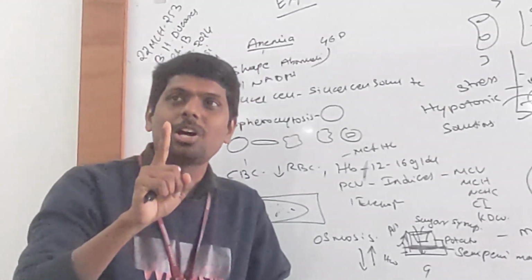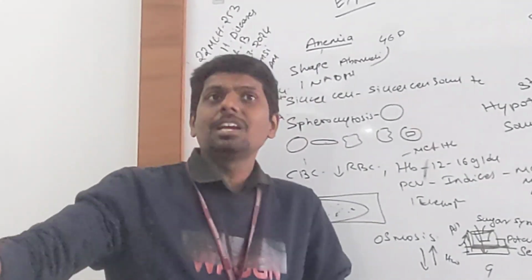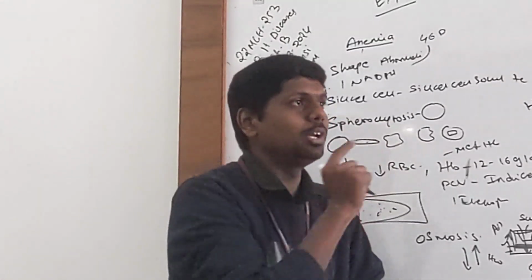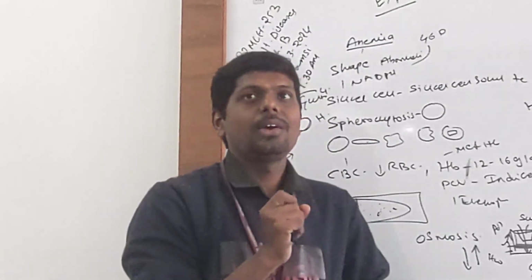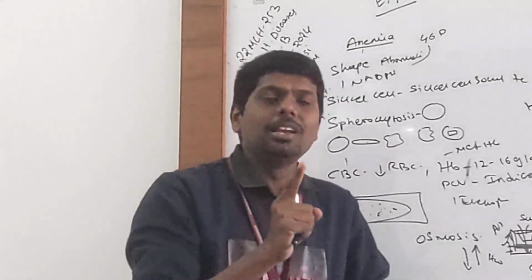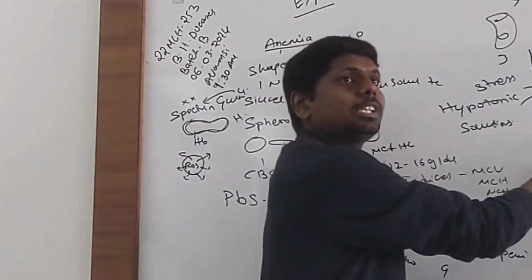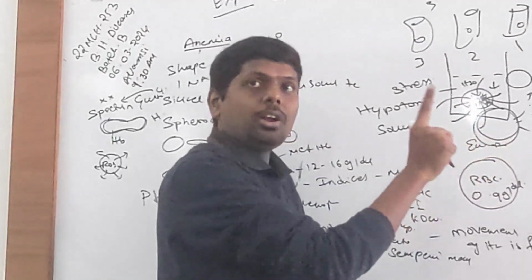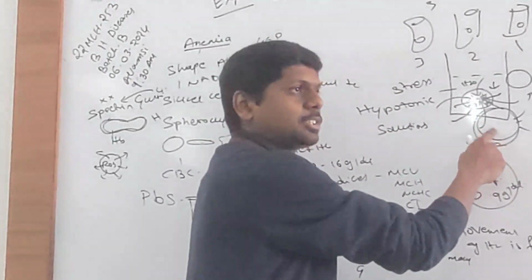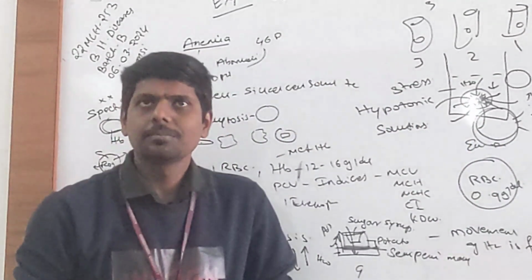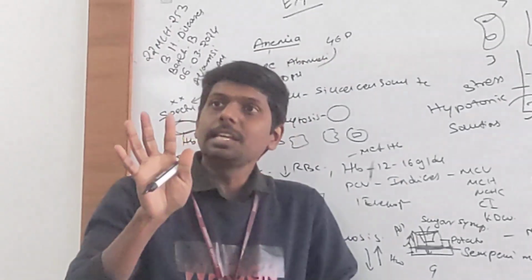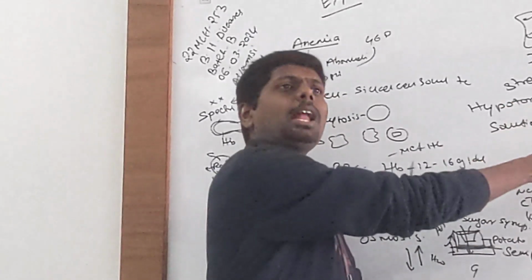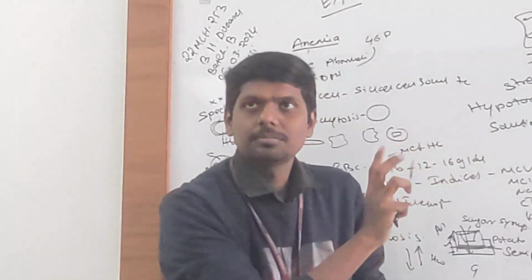Only during shape abnormality, the RBC will be destroyed immediately when we subject it to hypotonic solution. But a normal RBC can withstand this stress to a level, but an abnormal RBC will be destroyed immediately.